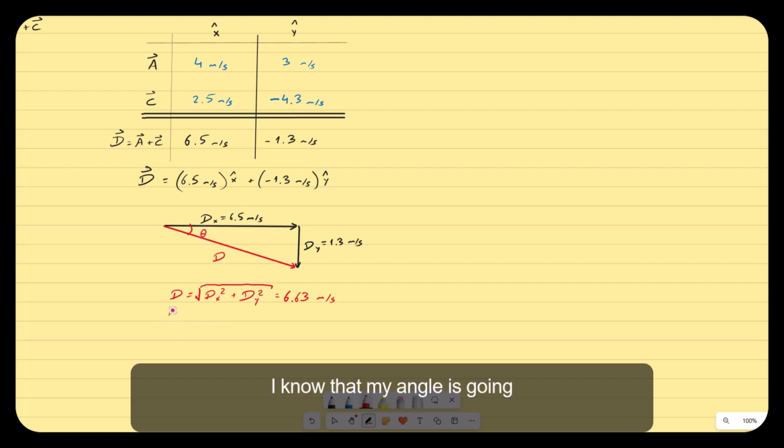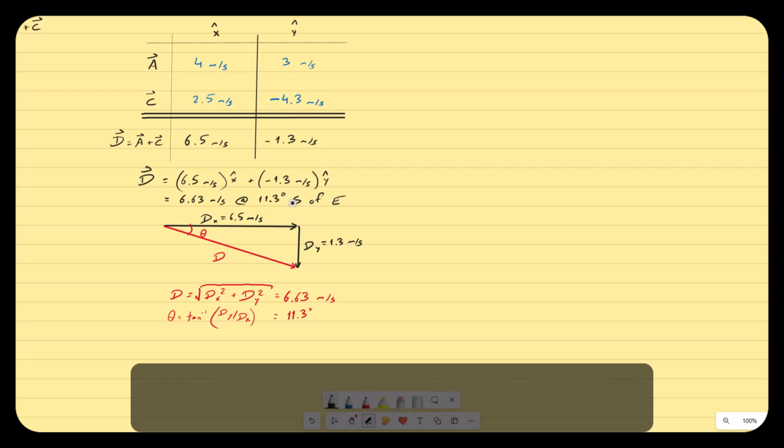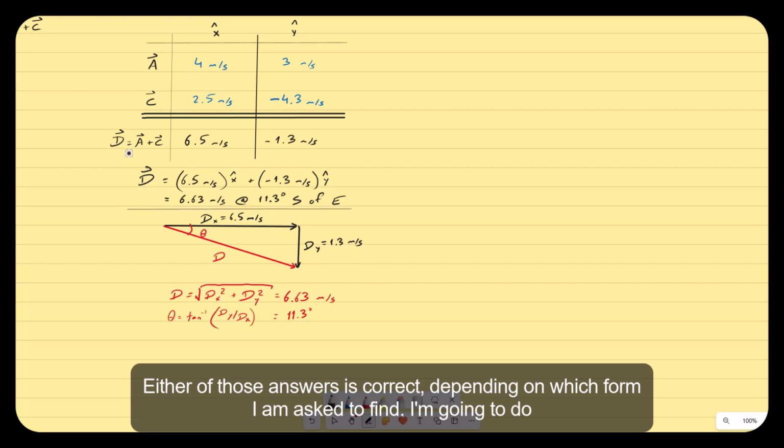I know that my angle is going to be the inverse tangent of Dy over Dx. I put that in and I get 11.3 degrees. So if I have to list this in the other form, I'm going to say this is 6.63 meters per second at 11.3 degrees. I was facing east, I turned to the south, so south of east. Either of those answers is correct, depending on which form I am asked to find.